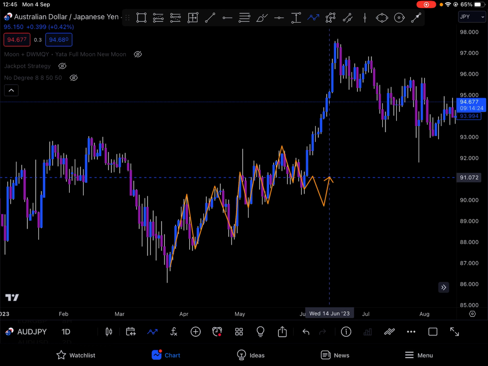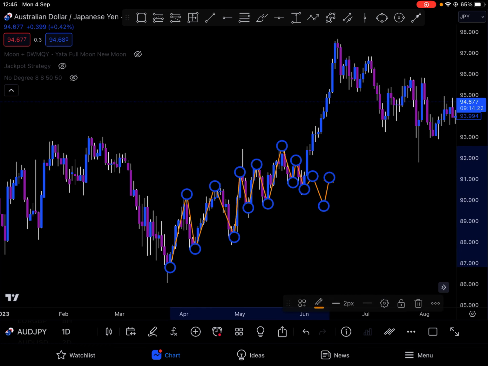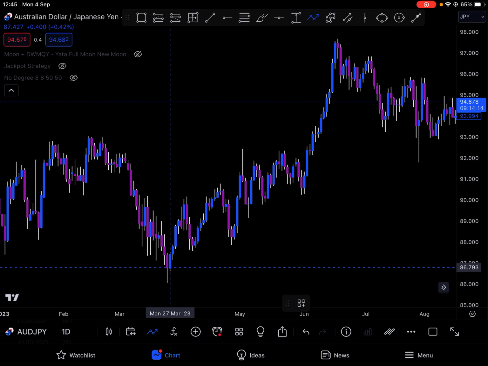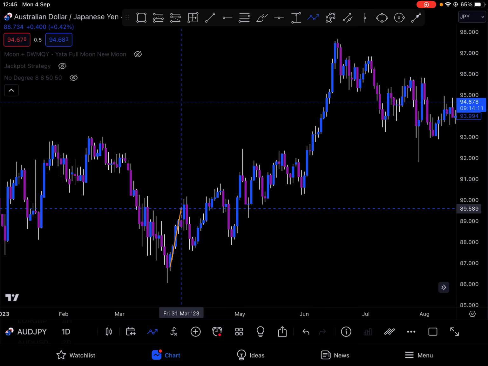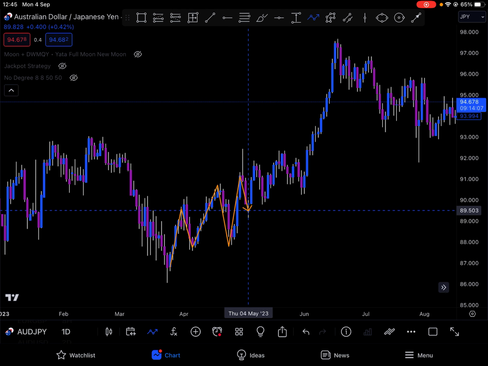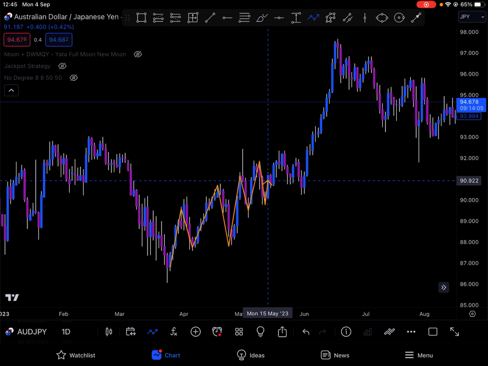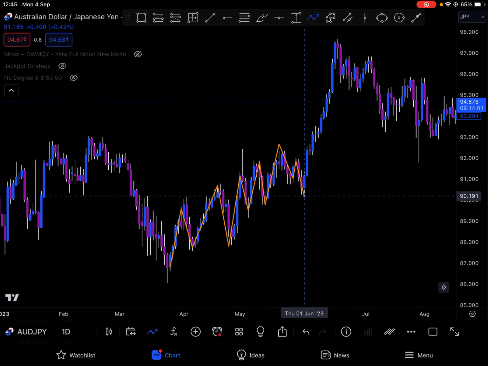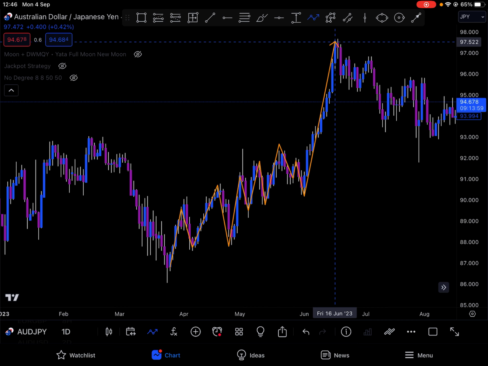So as we can see over here, right after that break, that little break of structure over there, the next high was a high, which maintained the bullish trend.